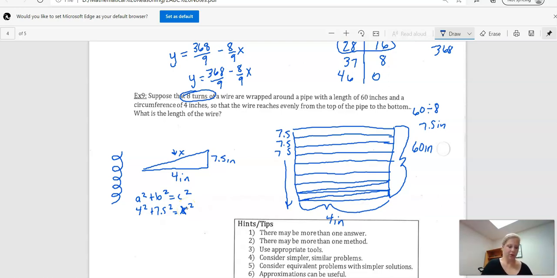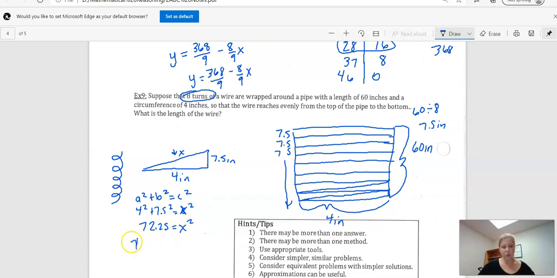So 4 squared plus 7.5 squared gives me 72.25. And then I need to get rid of the squared because I don't want to know what x squared is. I want to know what x is.